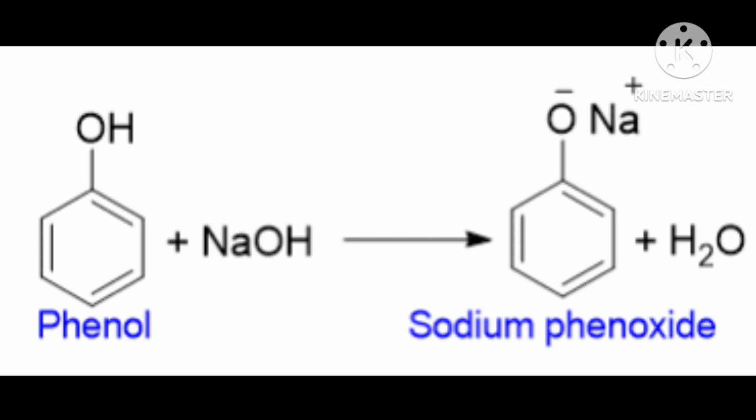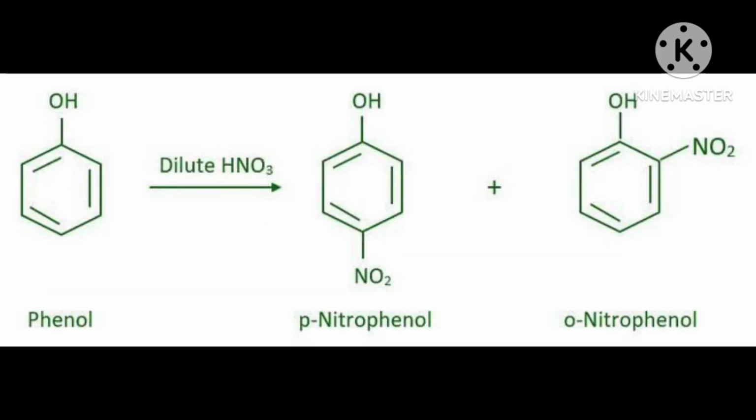Then in the presence of PCC, what will happen? This OH is actually a primary alcohol, because the OH is attached to a carbon that is attached with only one other carbon. The chain is long, but it is attached with only one carbon. That's why it is a primary alcohol.